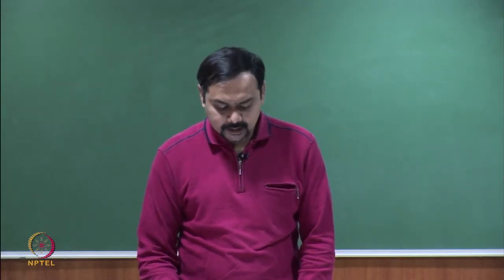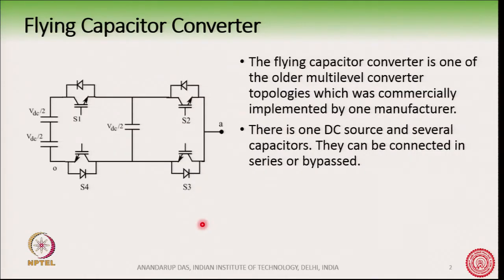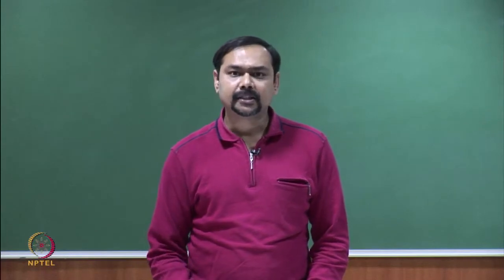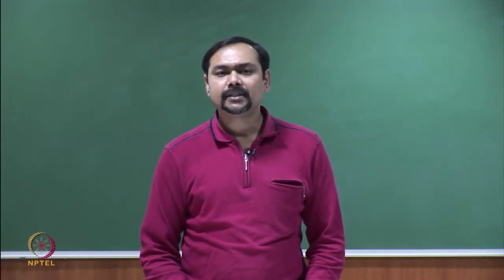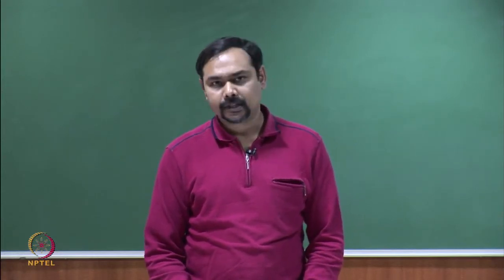So, what is there in this converter? If you see this topology, what do we find? Basically, the word flying capacitor means in this converter there are a number of capacitors, and there is one DC source. There may be several capacitors, and these capacitors can be connected either in series or they can be bypassed.